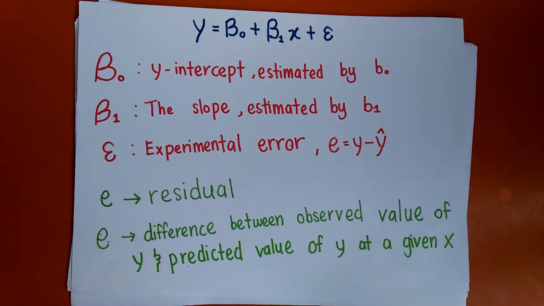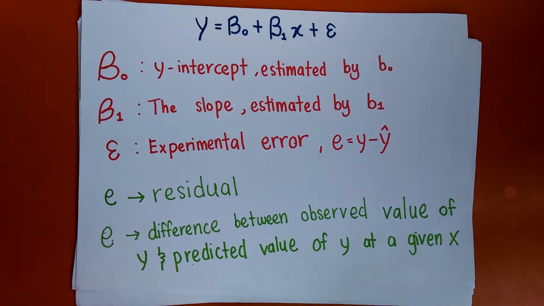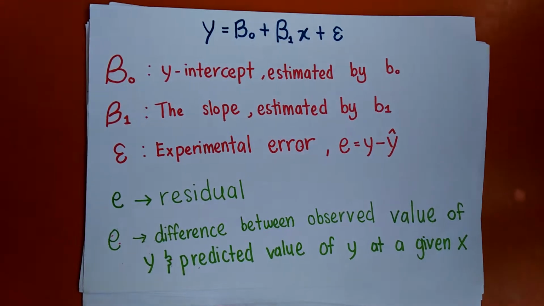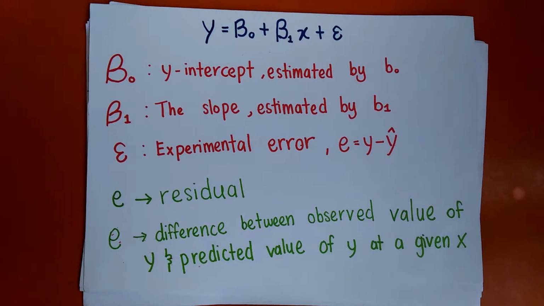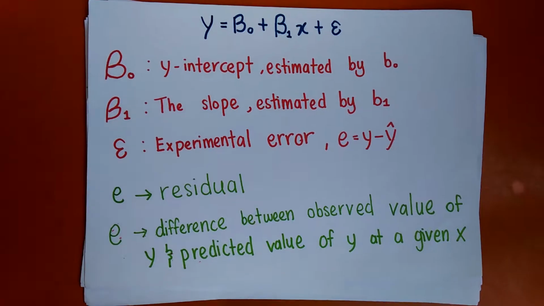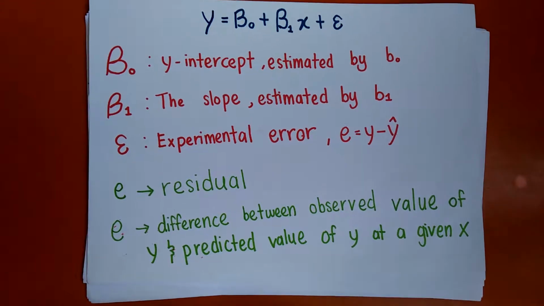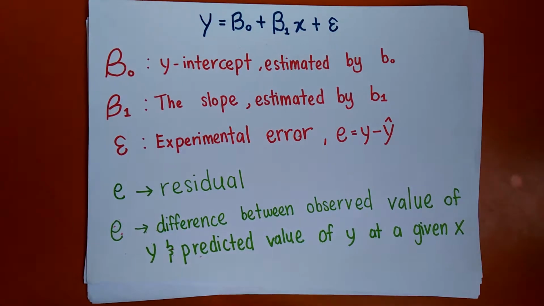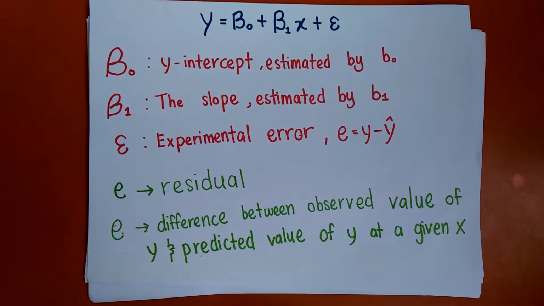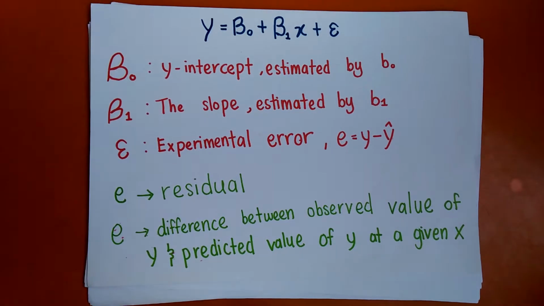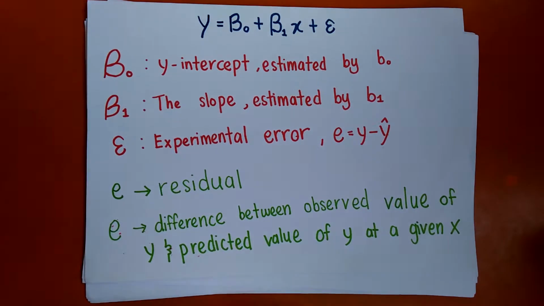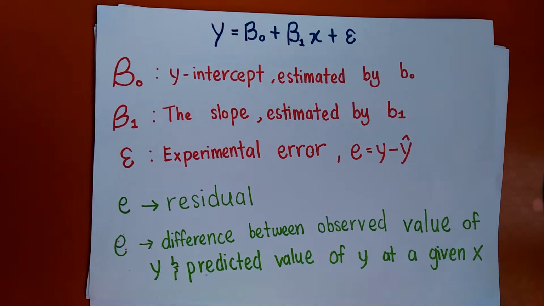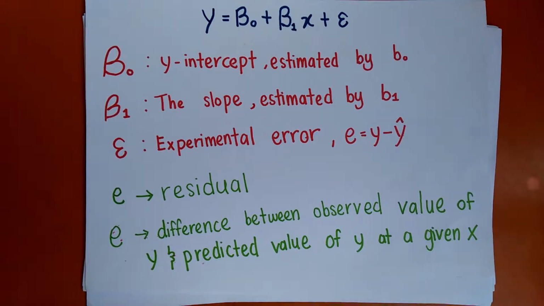So next is regression analysis. First, you must know simple linear regression. The equation of the regression model is given by y equals b0 plus b1x plus e, where b0 is referred to as the y-intercept, b1 is referred to as the slope, and e is referred to as experimental error.